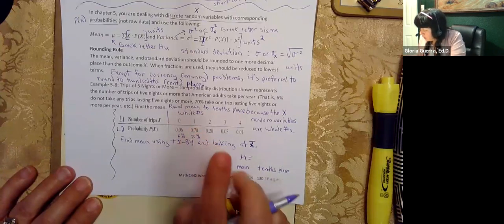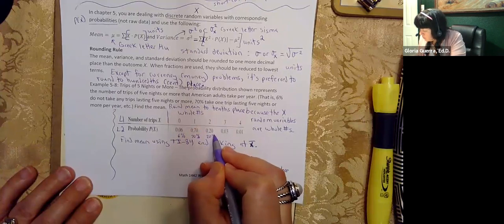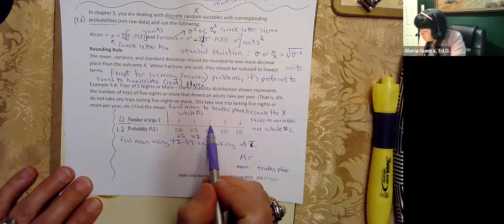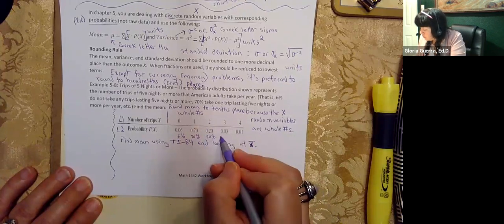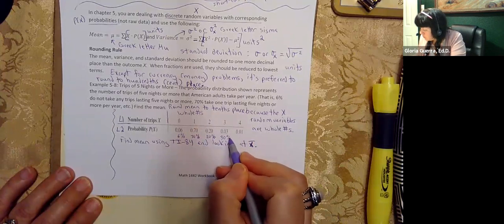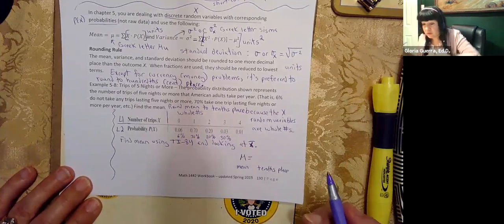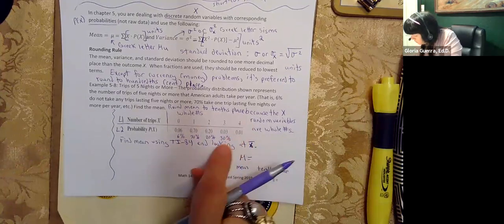And then 20%, they take 2, right? Number of trips, 2 trips that last 5 nights or more. And then 30%, is that right? Oh, that's 3%, so 0.03.